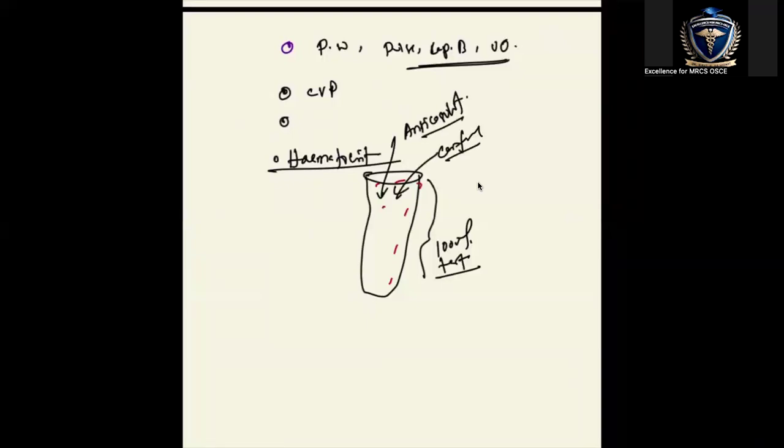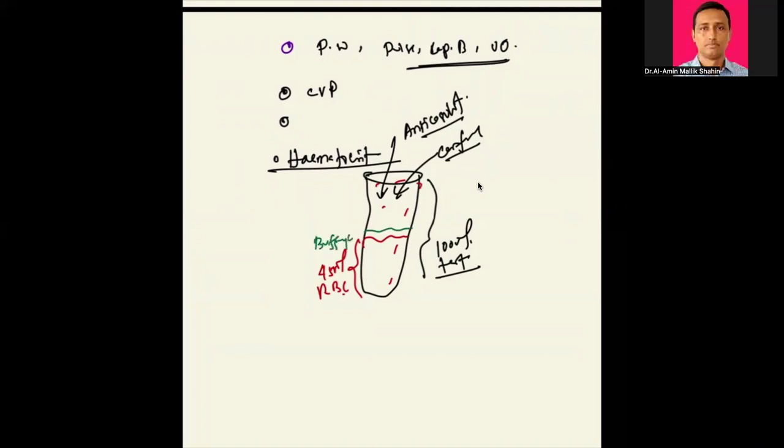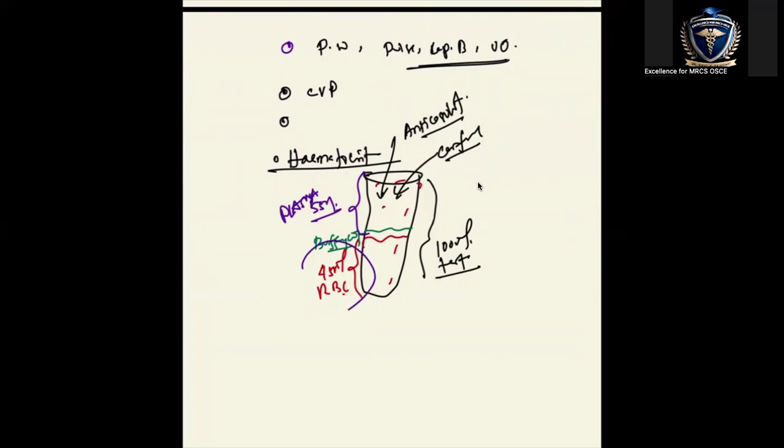When you do this, you will come to know that there will be 3 layers. One is almost 45 ml, this is for RBC. One layer of 1 ml is the buffy coat, other cells, WBC and platelets, exactly. And the rest, 54 or 55 ml, is plasma. So this one is called hematocrit.